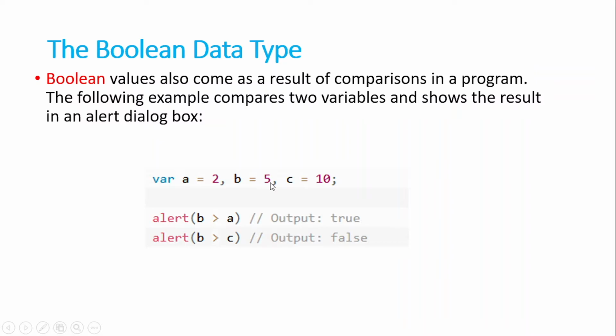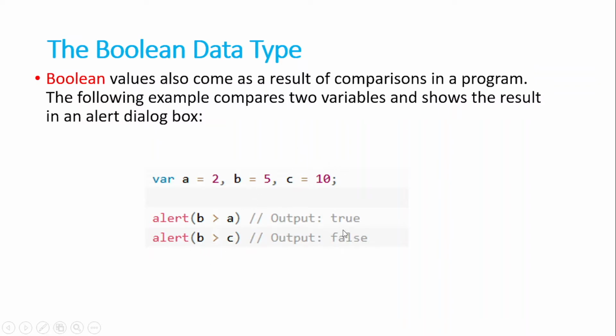So B is having 5, right? And A is having 2. So if 5 is greater than 2, then it will return true. Otherwise, it is going to return false. So you can see it is now checking if B is greater than C or not. So B is 5, C is 10. So it is certainly not greater than C because it is 10 and it is 5.